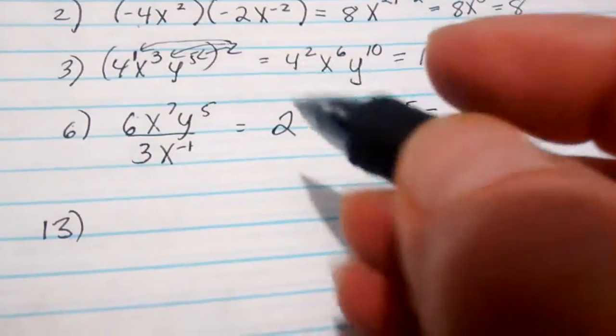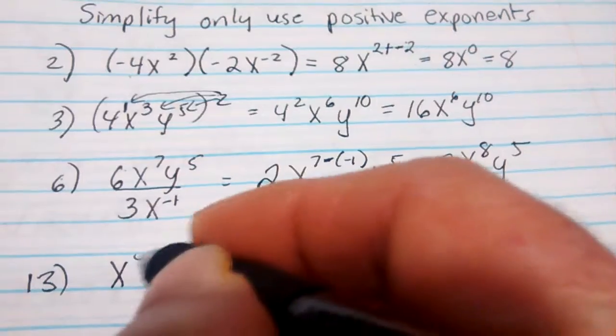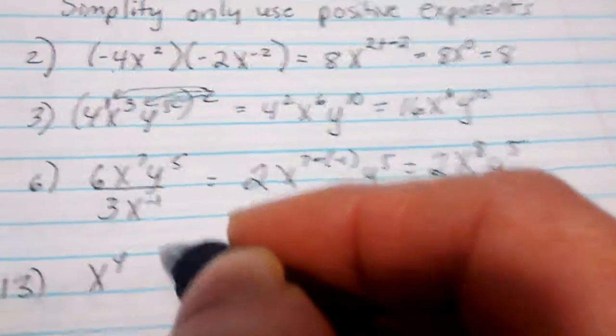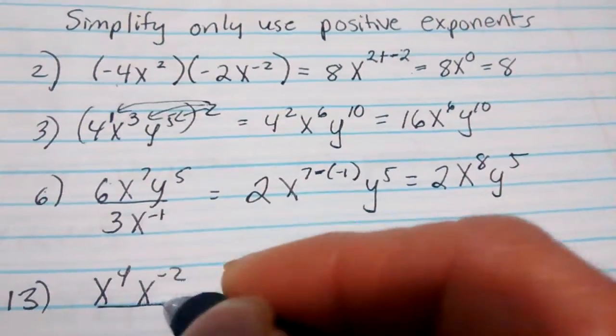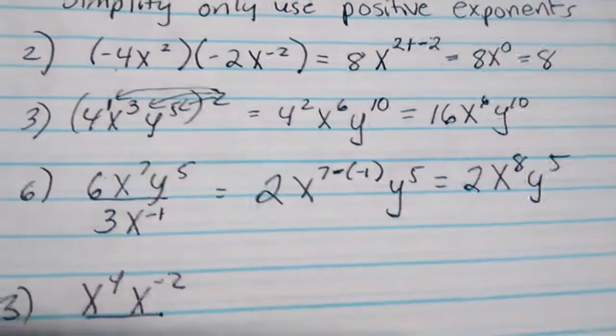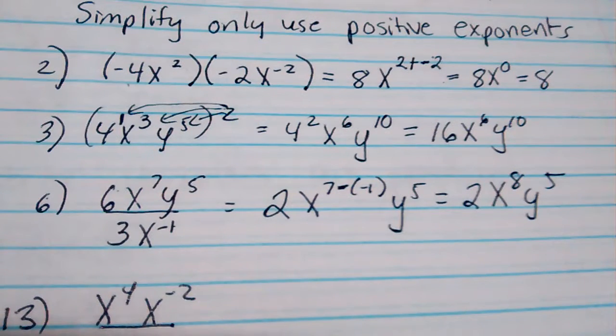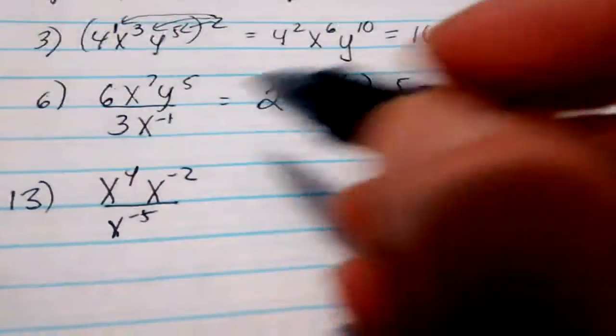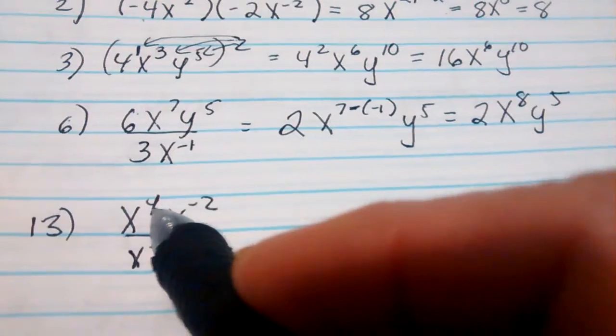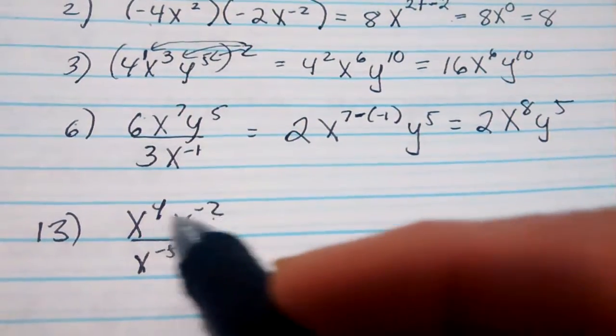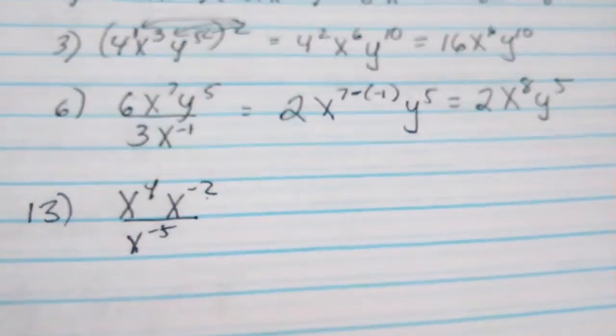Okay, looking at the next one, number 13, you have x to the 4th, x to the -2 over x to the -5. So these exponents are on the same level. You add them, and anything underneath you would divide.